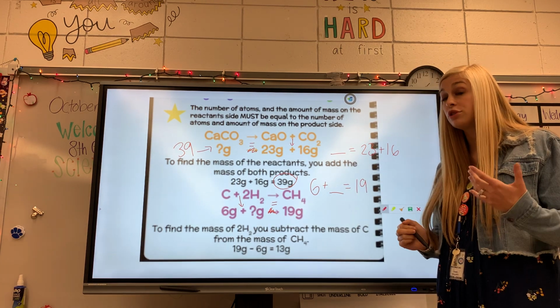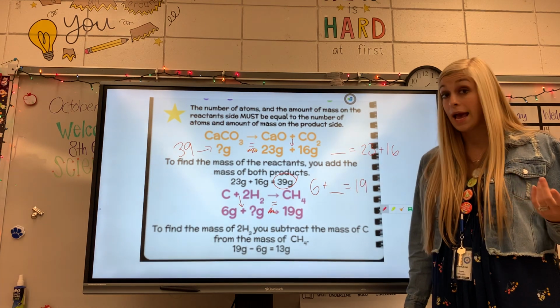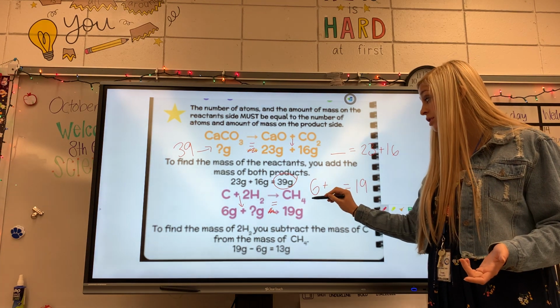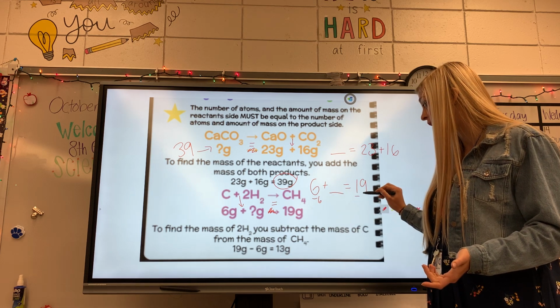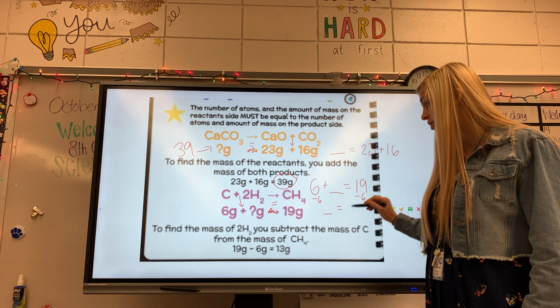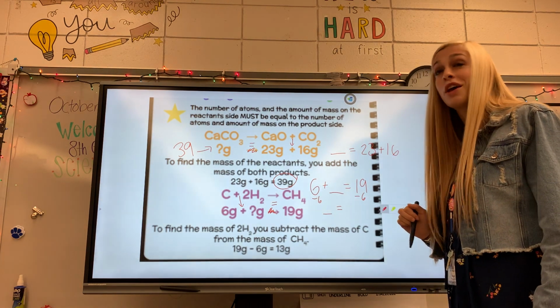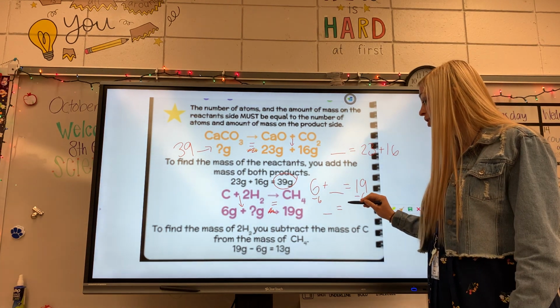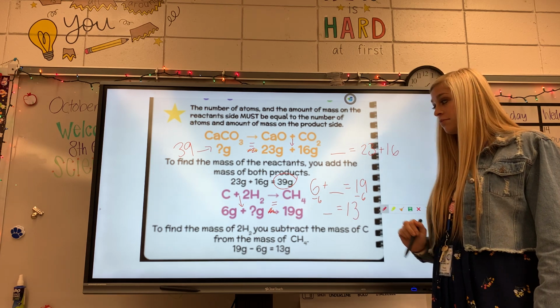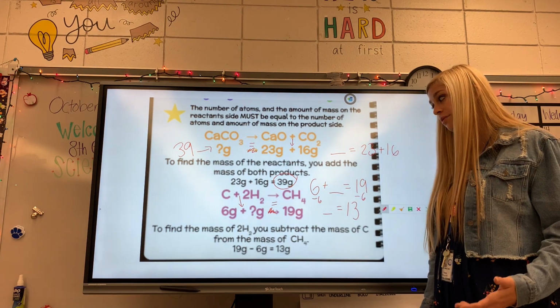What would you do in math class? Pretend this blank was an X. You would want to get X alone. So you would subtract 6 from each side and you would be left with blank equals 19 minus 6. You can always use a calculator: 13. So 13 goes in the blank. Now you want to check your answer.